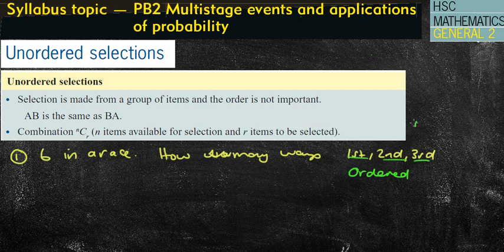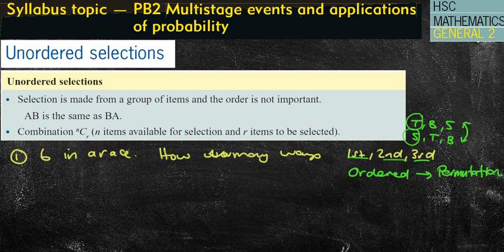We used the examples such as Tom, Bill, and Sarah. If Sarah came first, then Tom, then Bill, these were 2 different combinations because in the first one, Tom came first, but in the second one, Sarah came first. So we said that order mattered, and that was called a permutation.